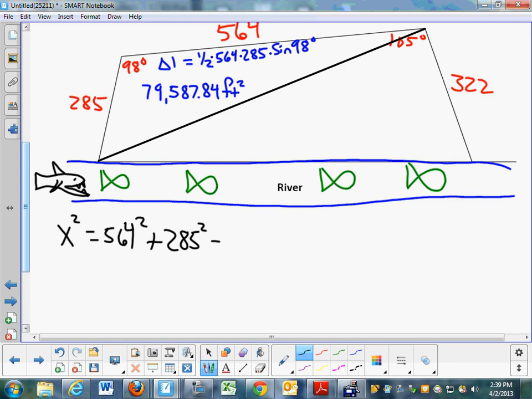Then I minus 2 times the product of those times the cosine of the included angle. Who cares about A, B, and C? Think about the two sides and the included angle. That's what cosine does.